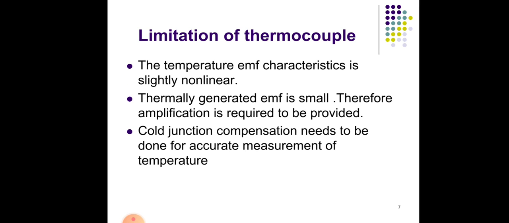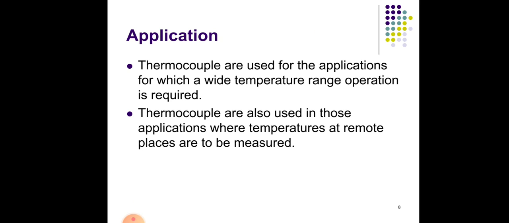These are the limitations of thermocouple. Applications are: thermocouples are used in applications for which a wide temperature range of operation is required. Second, thermocouples are also used in applications where temperatures at remote places are to be measured. These are the applications of thermocouple.